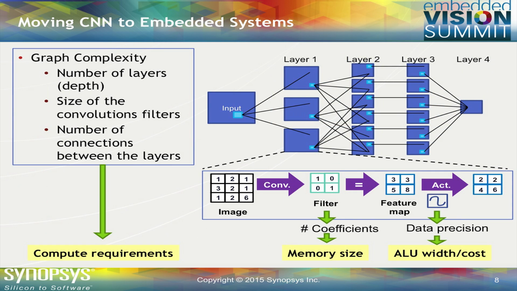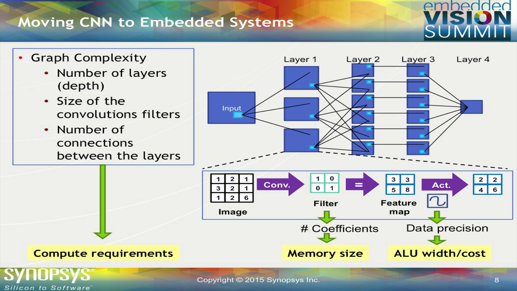So to show this more schematically, what are the parameters that impact the size of a neural network? And here I'm not talking about when we're training it, but really when it's a trained graph running. The main parameters are the number of layers, so the depth of your graph, and the size of the convolution kernels. Typically it goes from 5 by 5 all the way up to 11 by 11.